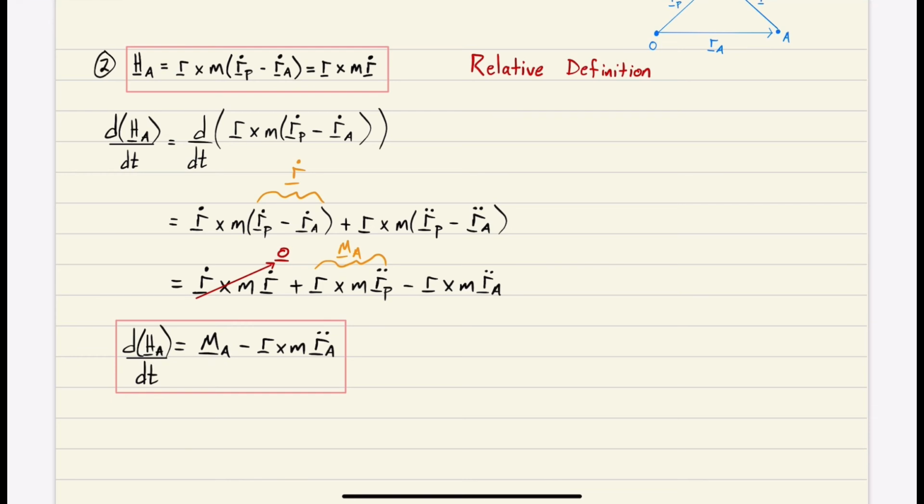Using the same logic from the absolute definition, this is the moment about point A, MA. So our final definition for the rate of change of angular momentum with respect to point A, using the relative definition, is the moment about point A minus R crossed with M, RA double dot.